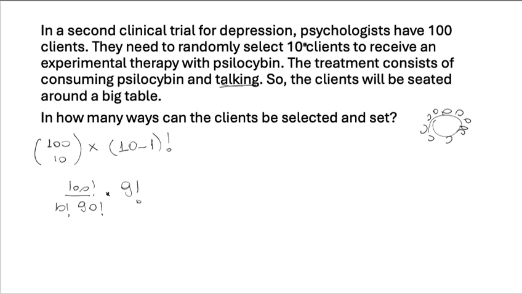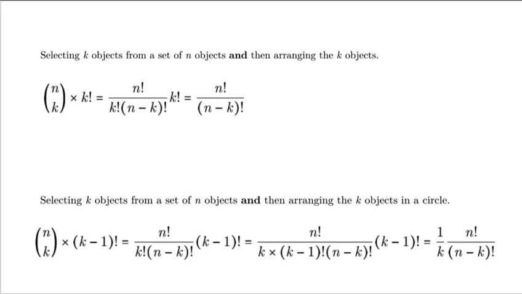So first I have a grouping, then I have a circular permutation or a linear permutation, and because I'm doing these choices in sequence, I can use the multiplication rule to multiply. But this can also lead us to new formulas, right? Mathematicians like that. So here we go.